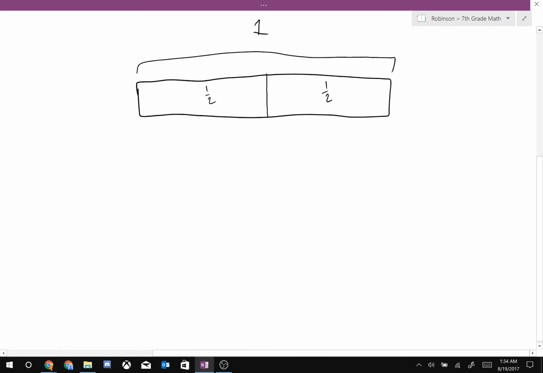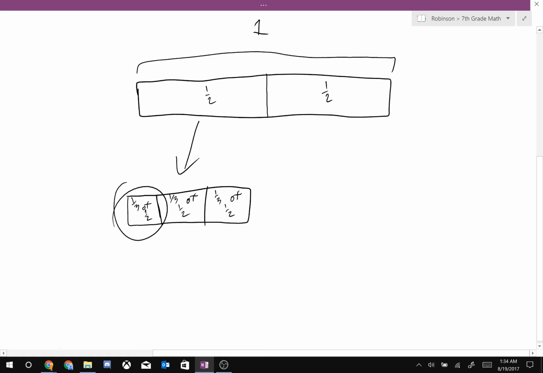But what if I told you to give me 1/3 of 1/2? Well, you would take this 1/2 that we have right here, right? And you would cut that into thirds. This is 1/3 of 1/2, and 1/3 of 1/2, and 1/3 of 1/2. So one of those is our answer.